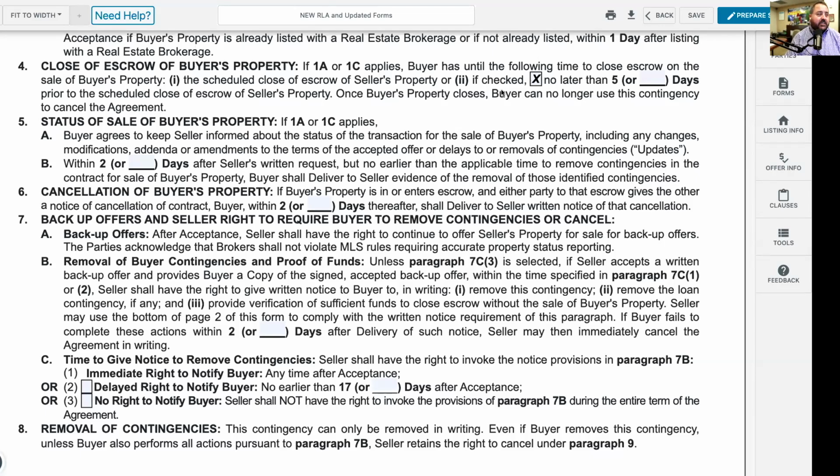Buyer shall deliver seller evidence of the removal of those identified contingencies. So basically what it's saying is you have to be transparent with the listing agent and the seller on your up leg about what's happening in your down leg. So if there's an extension of time done for something, you've got to tell the seller. If a buyer fails to remove a contingency, you've got to tell the seller.